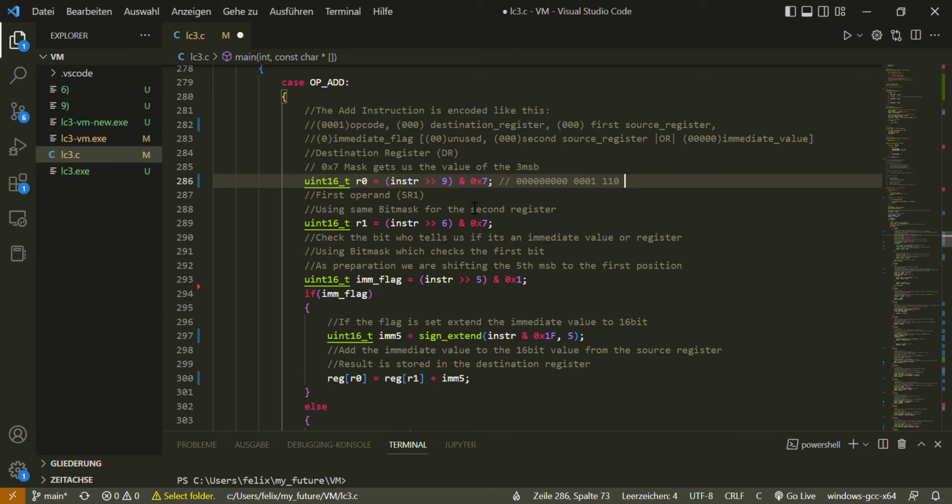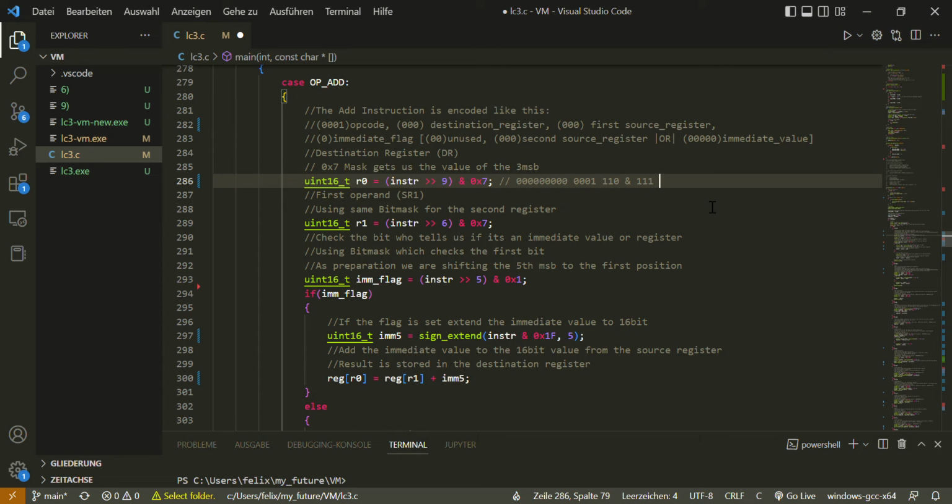With this bit value, we are performing an AND operation. Why we're doing this, I come to later. First I add this AND operator, and then we have a second value, 0x7. 0x7 is written in hexadecimal, and basically means we have this.